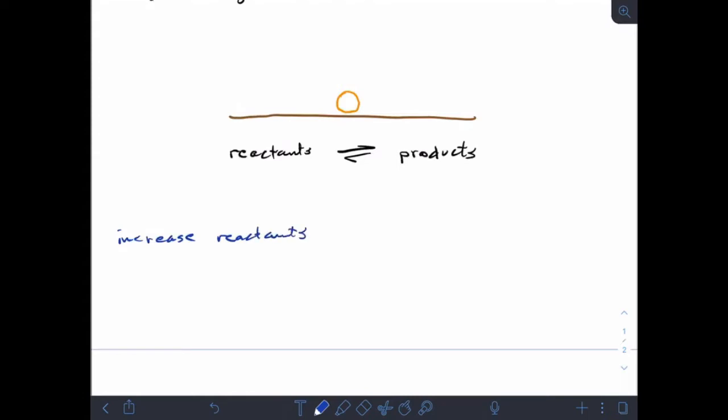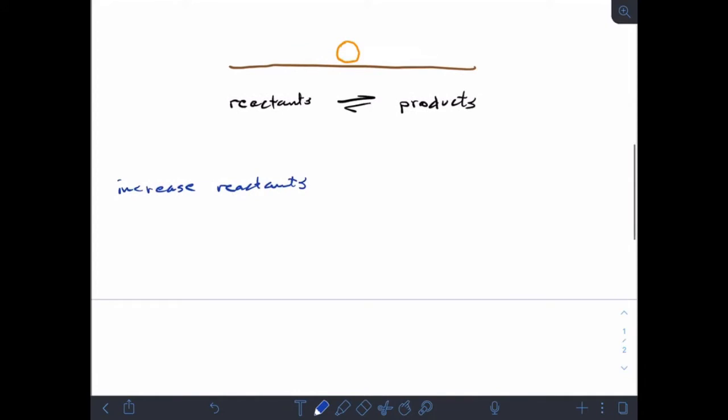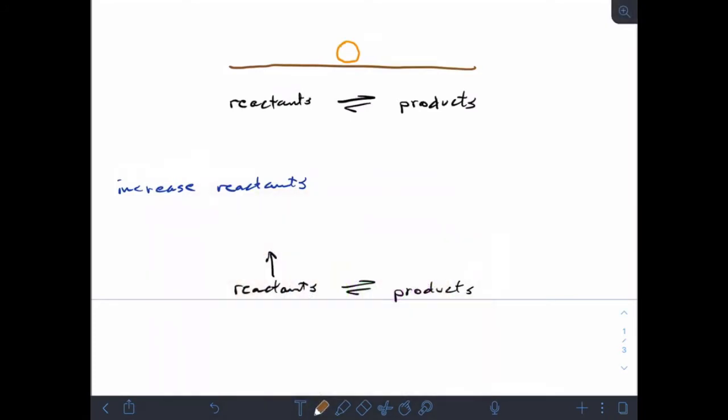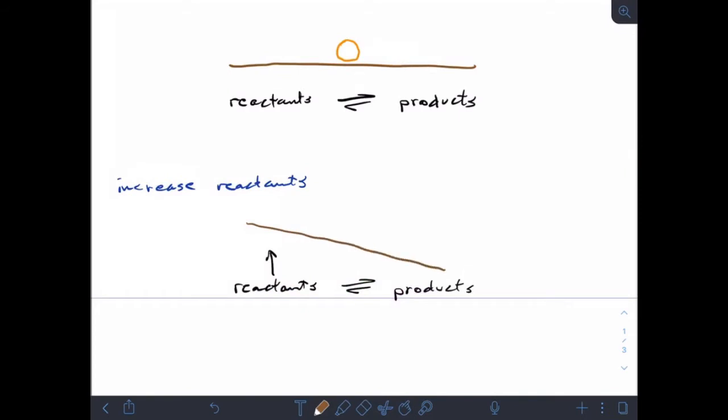Let's say I've established an equilibrium, and once that equilibrium is reached, I add more reactant to the scenario. What I'm going to do is push up on this side of the plank. So instead of having a nice balanced plank, now my plank is tilted in this direction, and the ball rolls downhill.